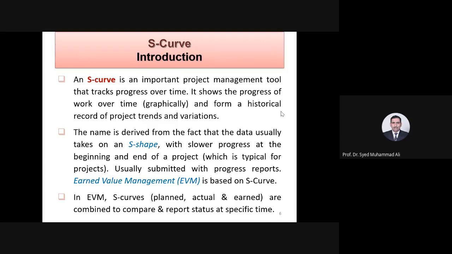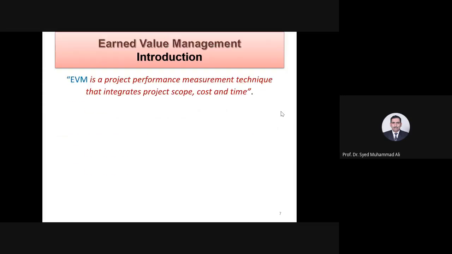And based on that statistics, what is our forecast? Are we going to complete the project on 31st of December? Will the cost of completion be the same as what we planned, or vice versa? So these are the answers which earned value management will give us. So planned, actual, earned. We are going to understand the terminologies.